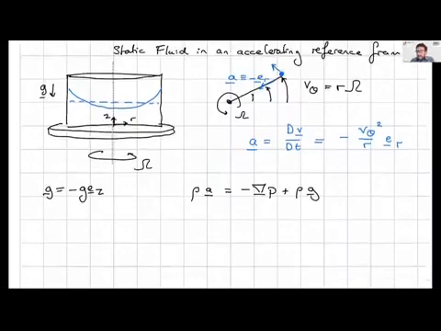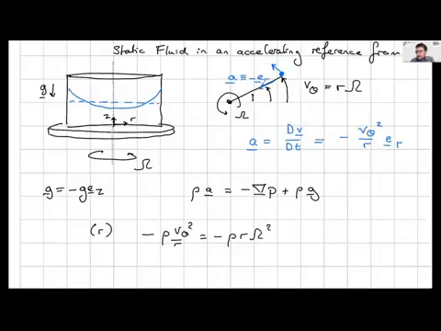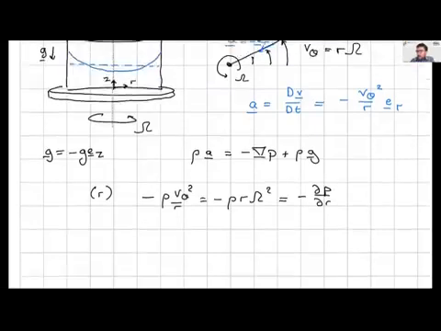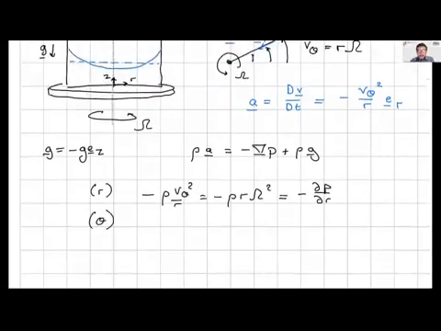And with that, I can now take this equation that I have here, and I just need to write it out in its three individual component forms. So we can start with the r component, which would say that minus rho times v theta squared over r, or if we prefer, we could write that as minus rho times r times omega squared, just by substituting for the velocity field, is equal to minus dp/dr, and there's no component of gravity in the r direction.